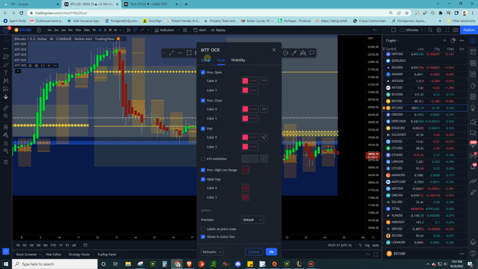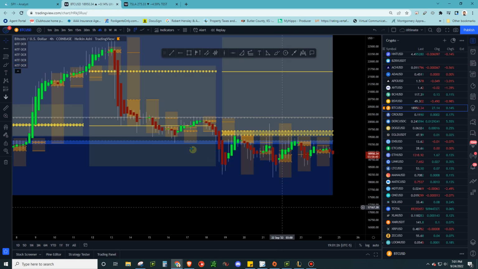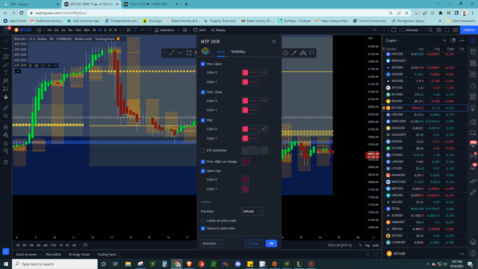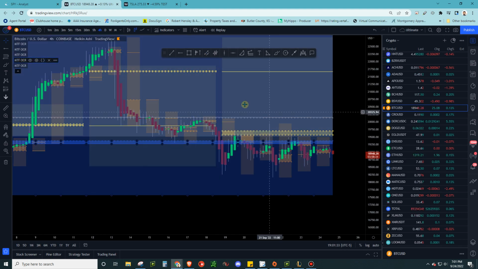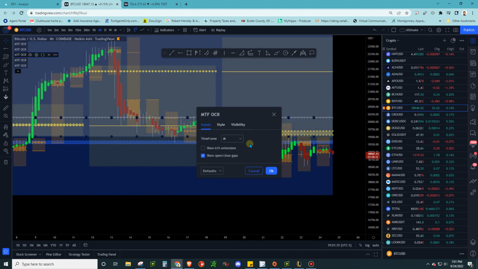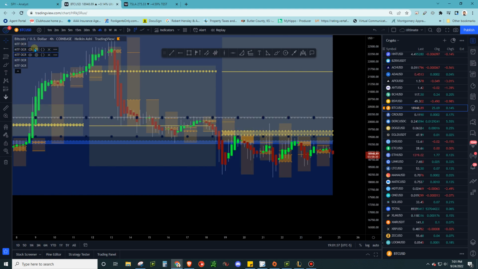It shows you the previous high-low range, the open gap, and then plots the previous open close of the time frame. So we've got the previous 12 months, the previous 3 months, so we're looking at the last year, the last quarter, the last month, the last day, and the last week. And we've got that all color coded in my own way.